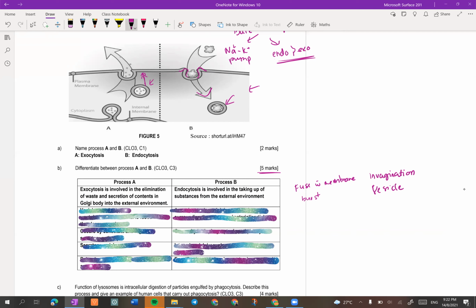So process B is more for digestion, while process A is more for secretion. Next is vesicle containing content fused with the plasma membrane. And then this one is forming the vesicle, right? Okay, endocytosis, vesicle formation.